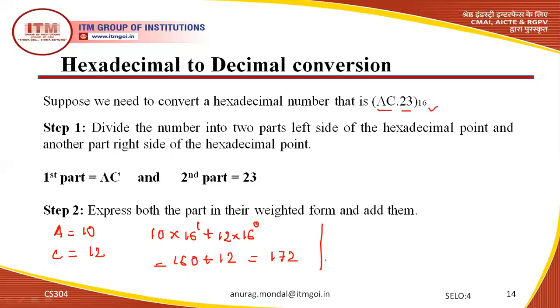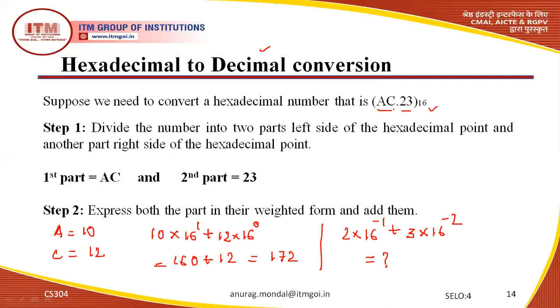Same way for the 23, what do we do? 2 into 16 to the power of minus 1 plus 3 into 16 to the power of minus 2. Whatever result we have, we add the first part result and the second part result, and we have the decimal equivalent of this hexadecimal number.